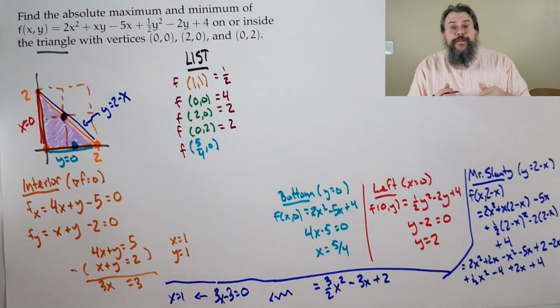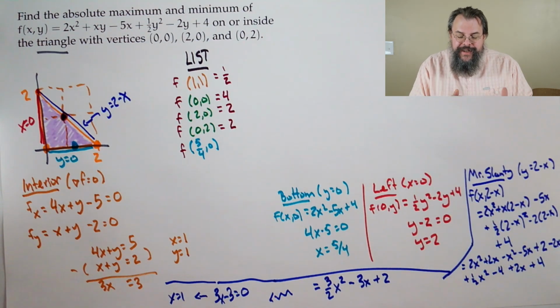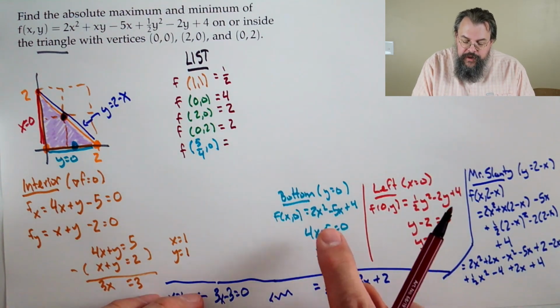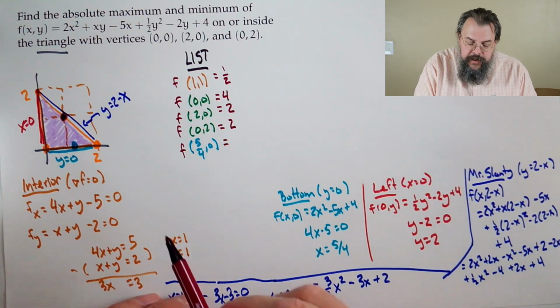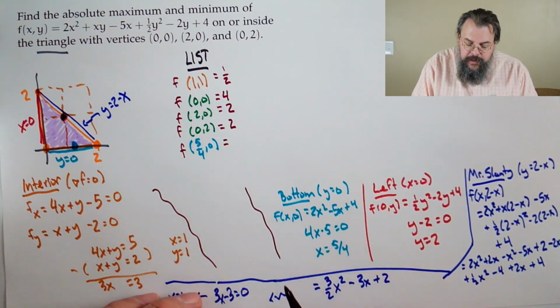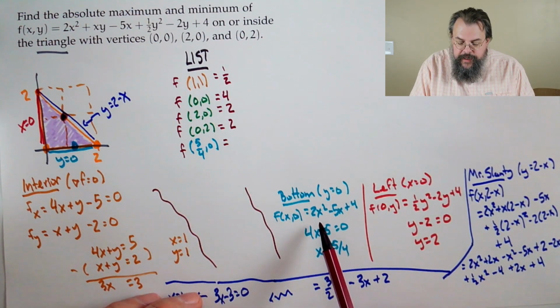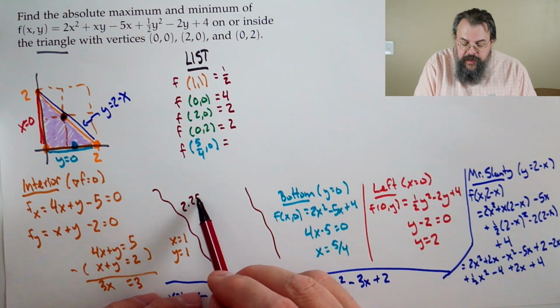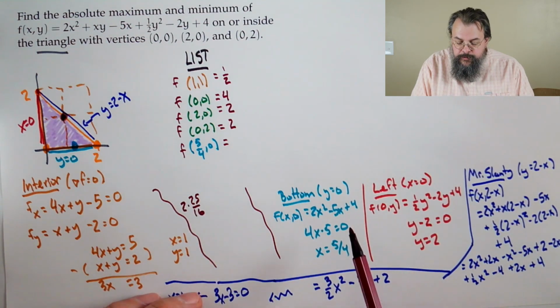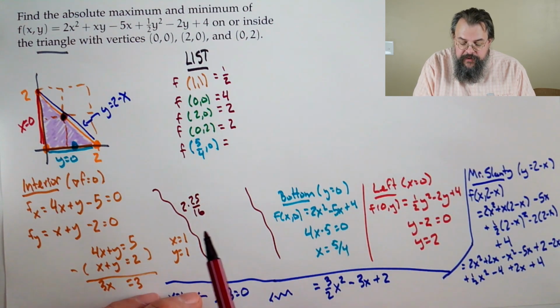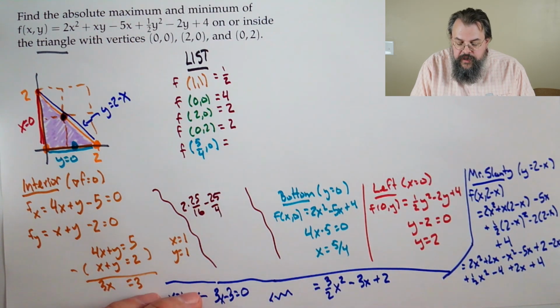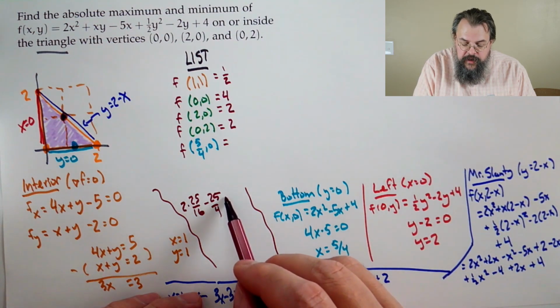All right, that leaves us with one last point. 5/4 comma 0. Well, okay, so plug in 5/4 into there. That one probably we want to be careful not to try to do it in our heads. Okay, so that'd be 2 times 25 over 16 minus 5 times 5/4. Okay, so that's minus 25 over 4, and then add 4.